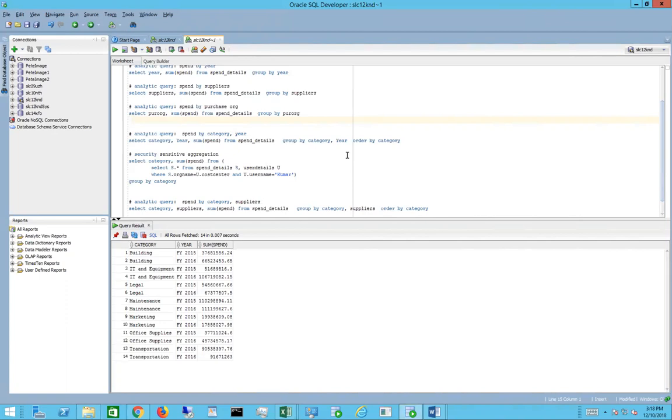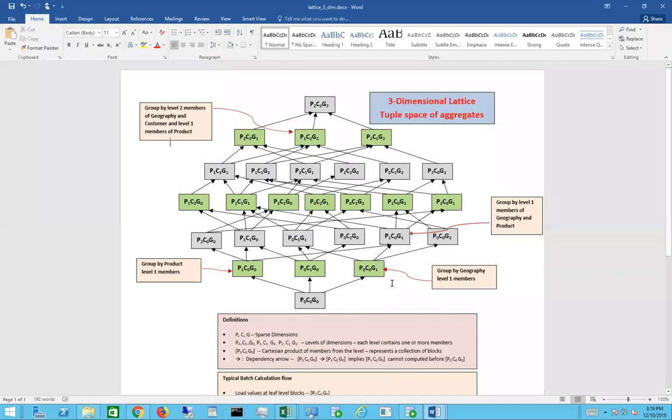But the fact that the rows and columns structure of the table do not represent the business hierarchy along which we do the aggregation makes it always a little inferior compared to a dedicated data structure that understands this tuple space of aggregates, okay?